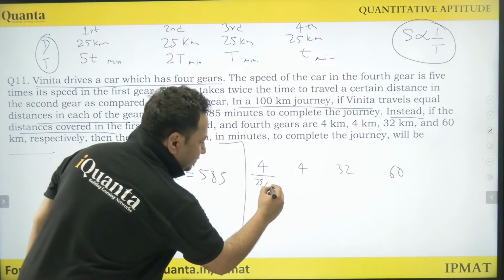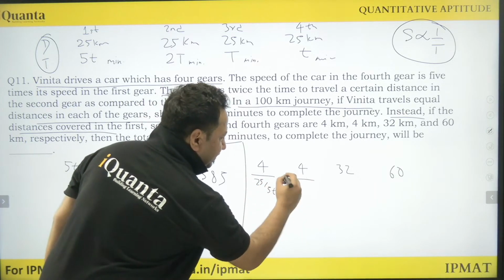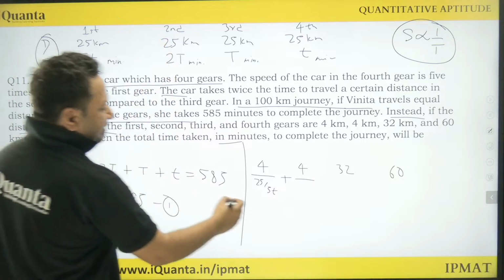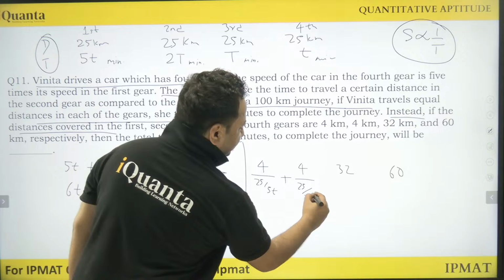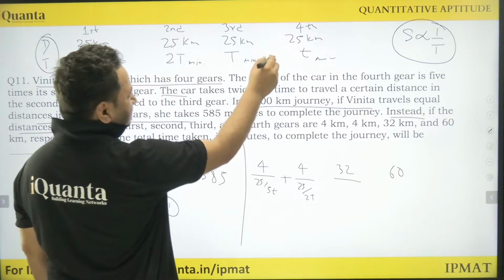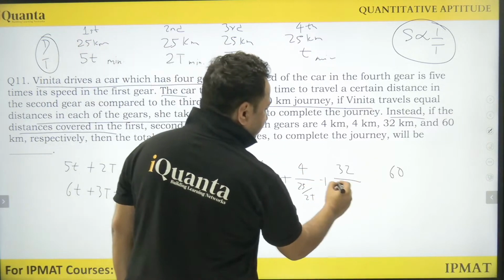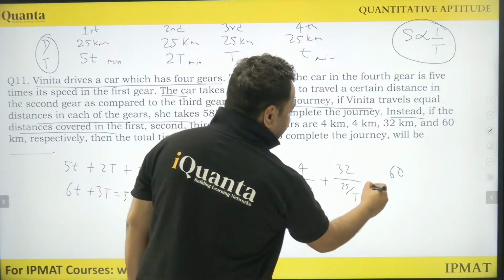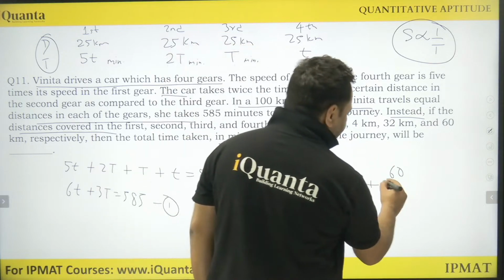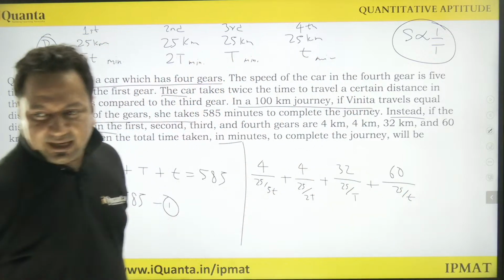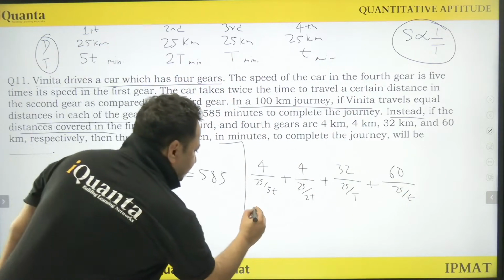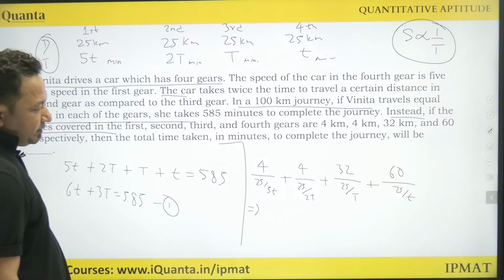Here the speed is 25 by 2 capital T. Here the speed is 25 by capital T. And here the speed is 25 by small t. This is what we have to calculate. Let's do that. Be quick.